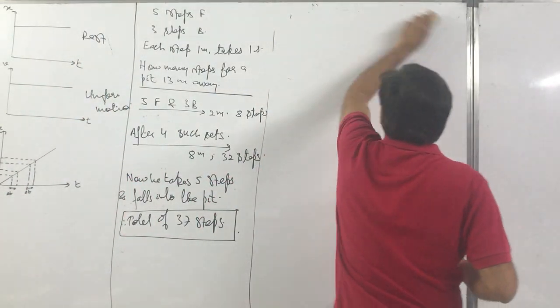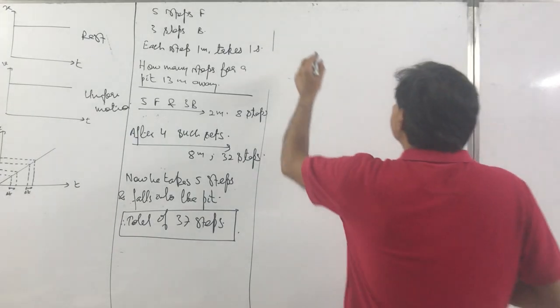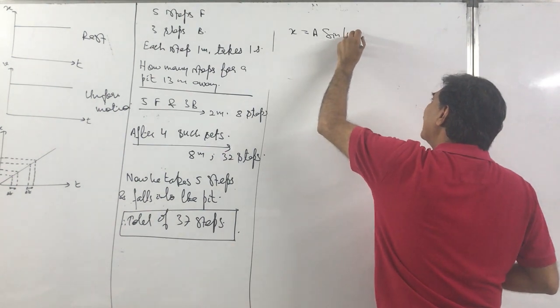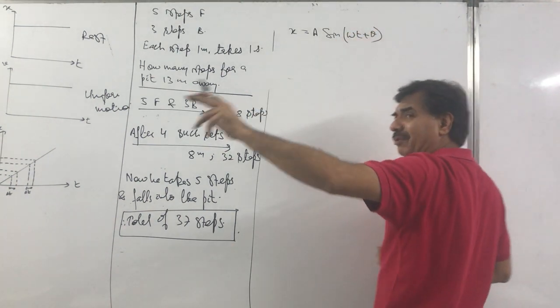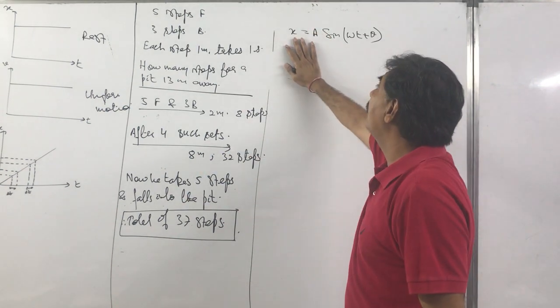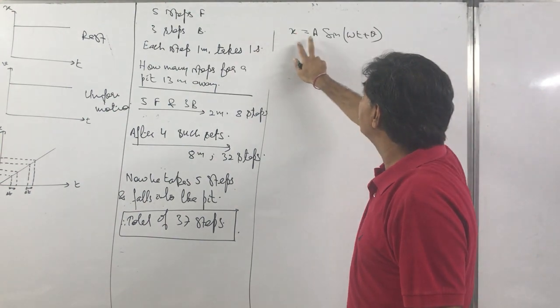Okay, even before this, there was this question in which he says that the position is given by x is equal to a sin omega t plus theta. Remember, I gave you this question yesterday. This is position. He says after what time is the position maximum? The position is varying.